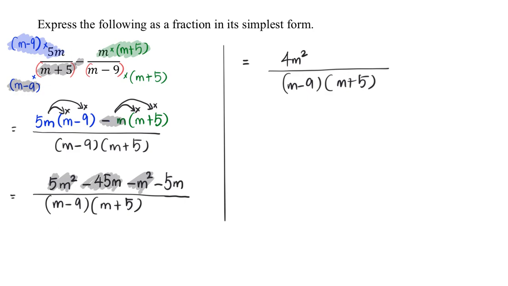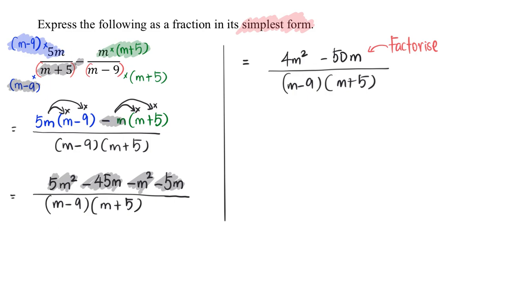Negative 45m minus 5m, this will give me negative 50m. And if I could factorize, I continue to factorize, so that I could eventually reach my simplest form.